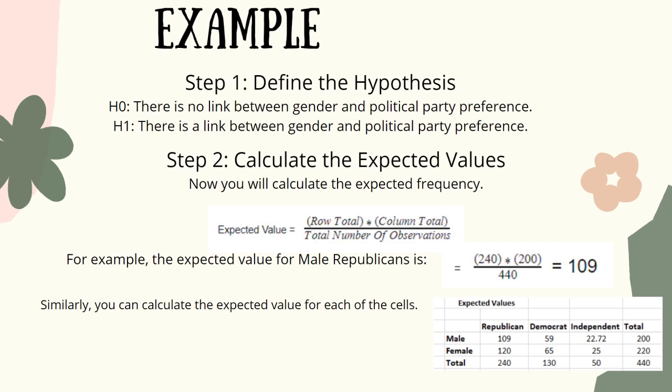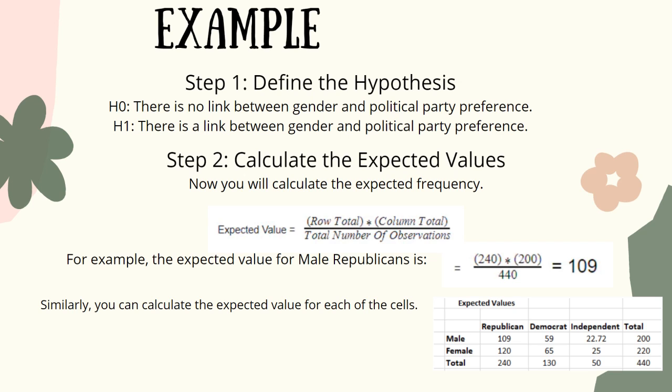And then on to step number 2. You can calculate the expected values. Now we will calculate the expected frequency. Expected value is row total times column total divided by the total number of observations.